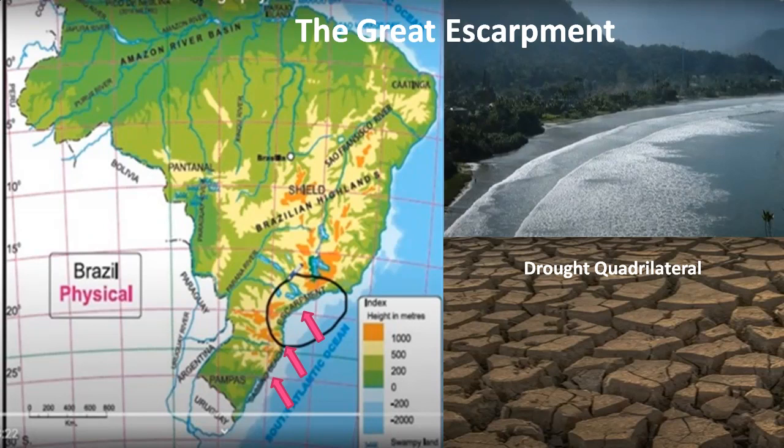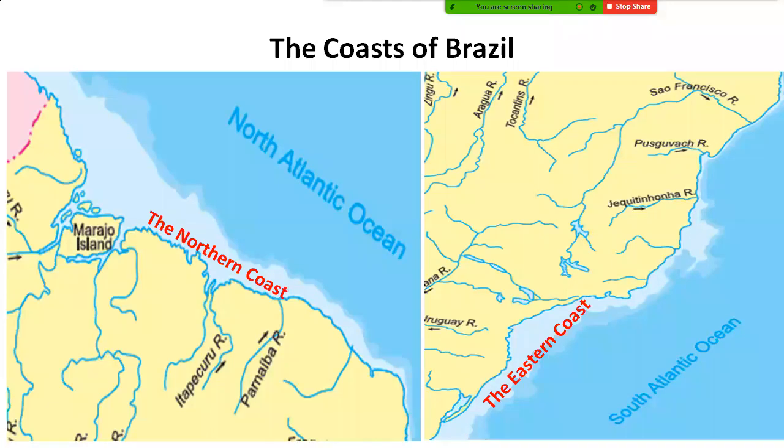The next physical feature in Brazil is the coastal region. Brazil has a coastline of about 7,400 kilometers. The coast is only on the eastern side of Brazil, but it is divided into two sections, the northern coast and the eastern coast, or the southern coast.